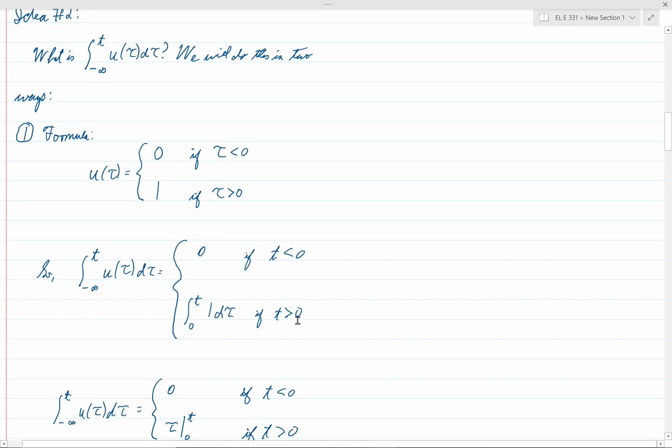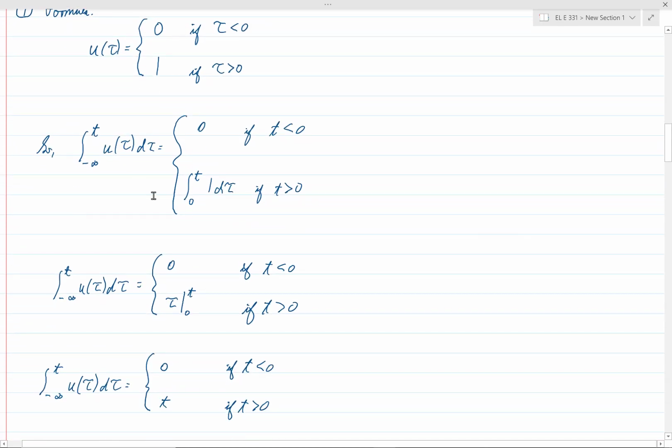But on the other hand, if t is greater than 0, then we have a portion of the integral that will be from negative infinity to 0, but that's not going to contribute anything. And then we have another portion of the integral, which is the portion over the positive region, and that's what we have here, integral from 0 to t of 1 d tau. Here, this 1 is the 1 in the integrand.